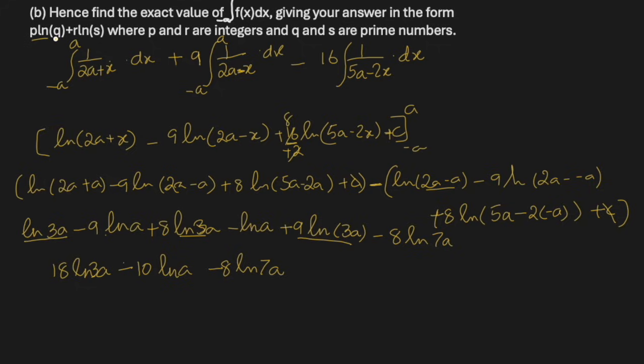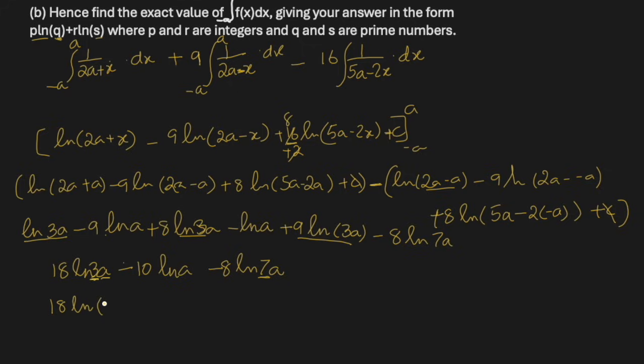Now let's see what is the format they want. They want p natural log q, and they said q and s are prime numbers. So 3 is a prime number, 7 is a prime number, but they have not mentioned a here. Okay, so that means we have to separate this. So 18 and natural log 3 and a are multiplying.